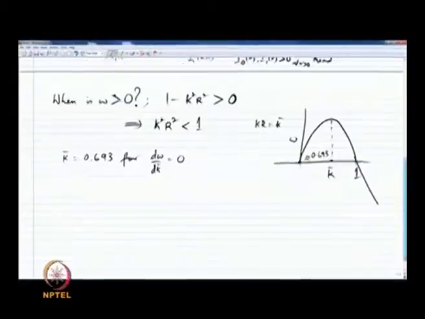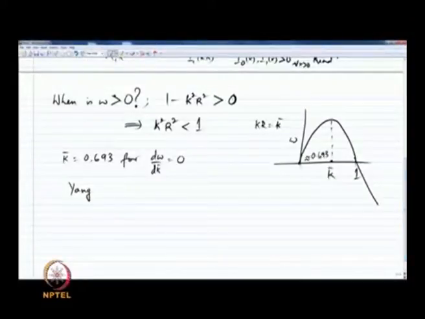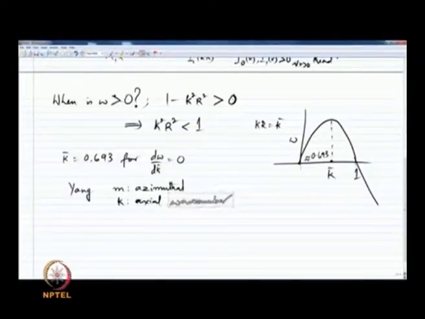So, if one were to take the full Yang analysis, where you have m, an azimuthal wave number, as well as k, which is our axial wave number, then is it possible I may find an m star or a particular value of m for which the disturbance would grow the fastest.